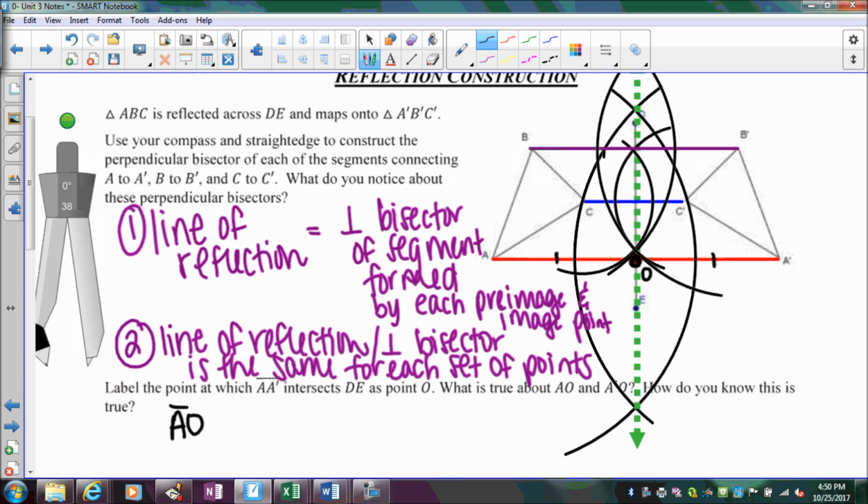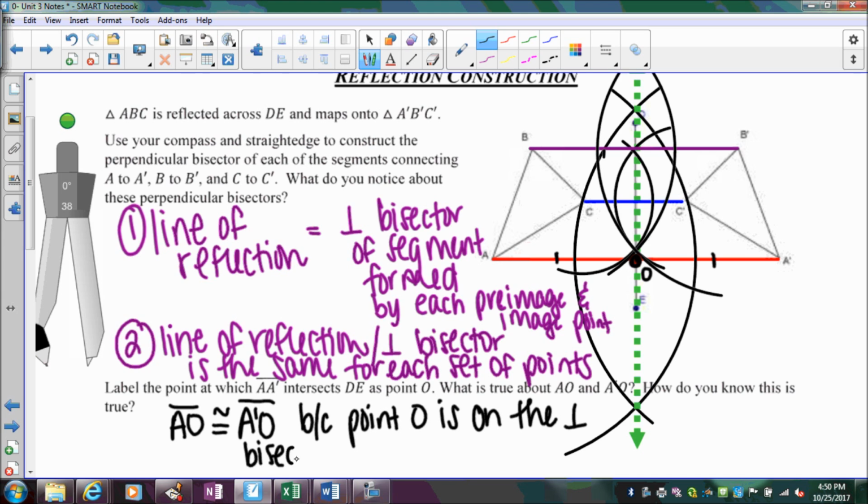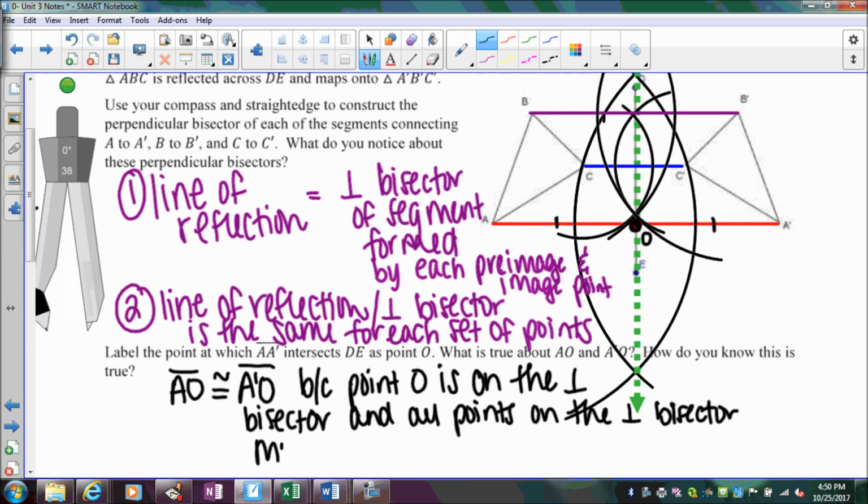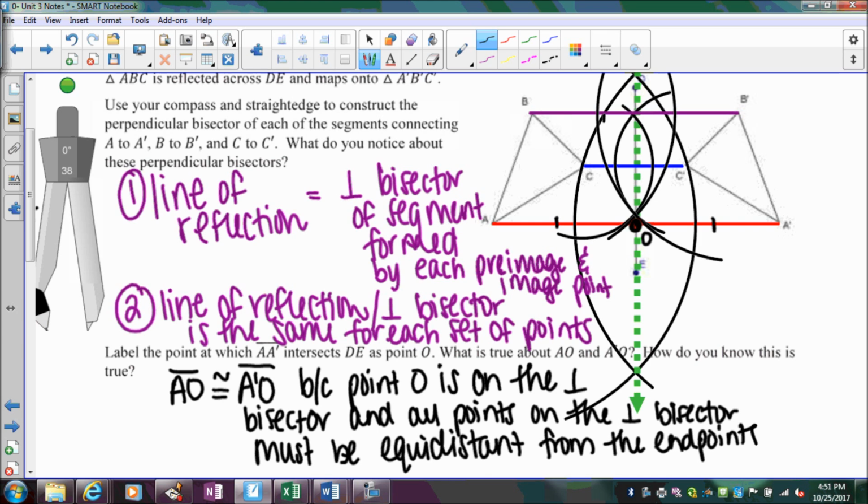So AO has to be congruent to A prime O, because point O is on the perpendicular bisector, and all points on the perpendicular bisector must be equidistant, or the same distance, from the endpoints of the segment being bisected.